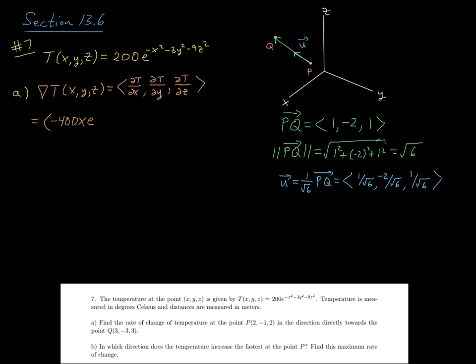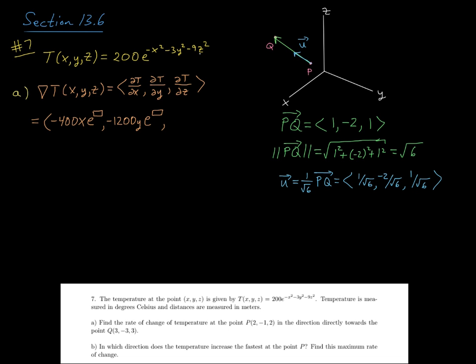This exponential is a messy expression, and it's going to come up a couple of times. So for the moment, I'm just going to say e to the box, where the box stands in for this messy exponent expression. For the y derivative, we get -6y from the chain rule factor, which multiplies the 200, so that's -1200y times our exponential expression.